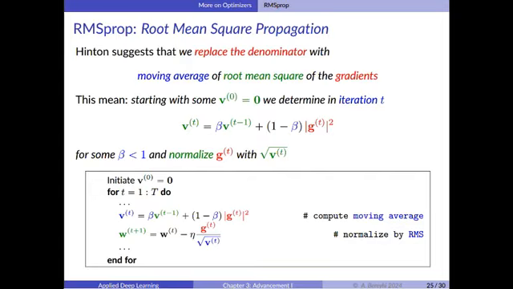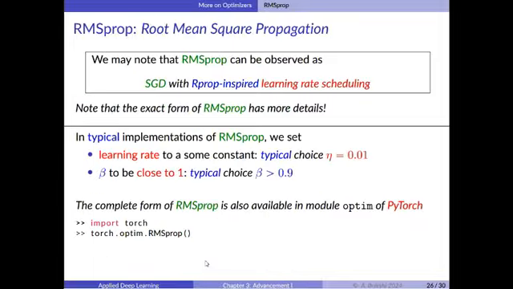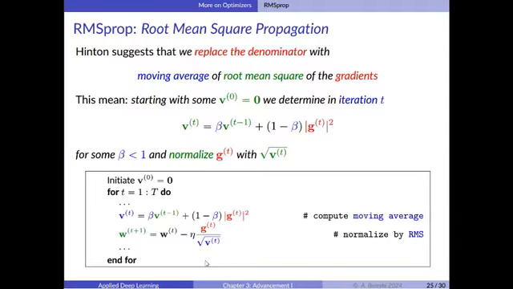You can see here, for example, RMS, root mean squared, and it is V of t here, and it is getting normalized by V of t, and here we can get it updated. It is RProp inspired, but not RProp, so you can consider this algorithm as this pseudocode here.